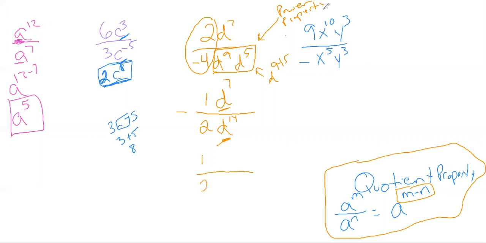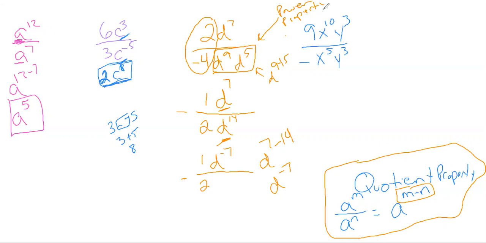So I'm going to write out that fraction one more time. I'm going to say negative 1 over 2, and then I'm going to write d to the 7 minus 14. D to the 7 minus 14 is the same thing as d to the negative 7th power. Now, the tricky part that we need to remember is that negative exponents are going to move things to the bottom of that fraction.